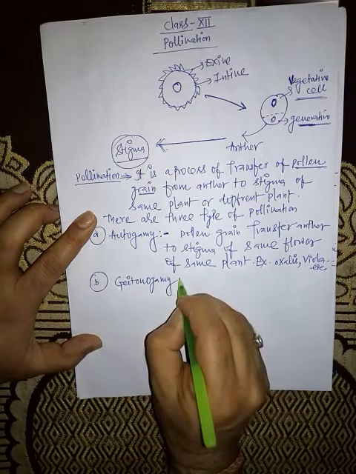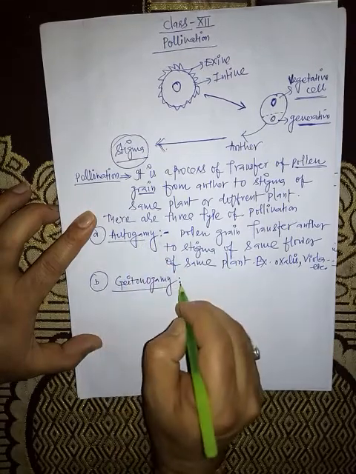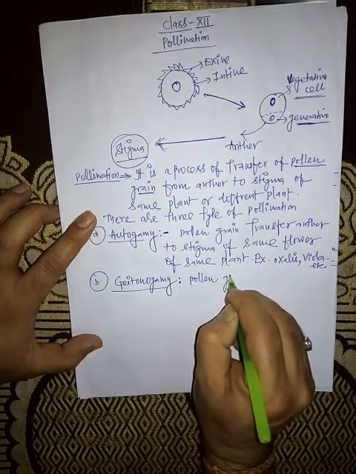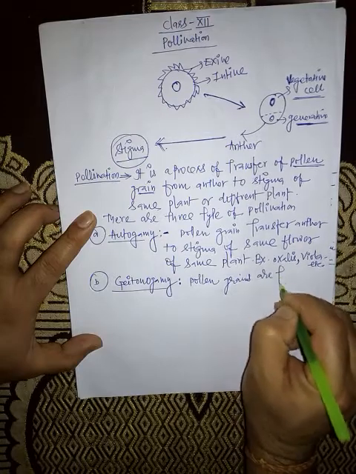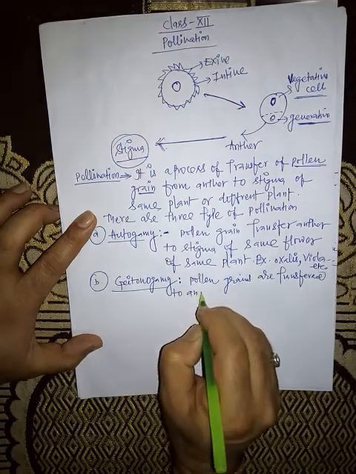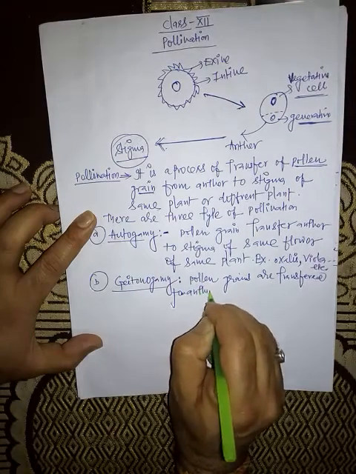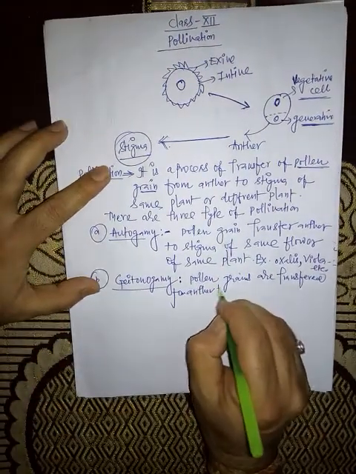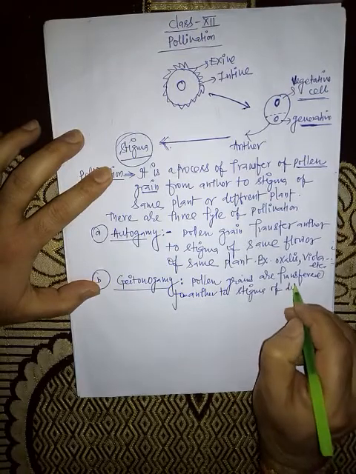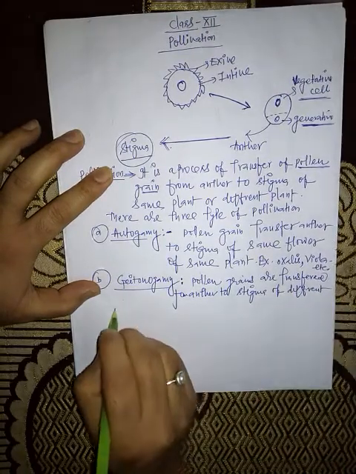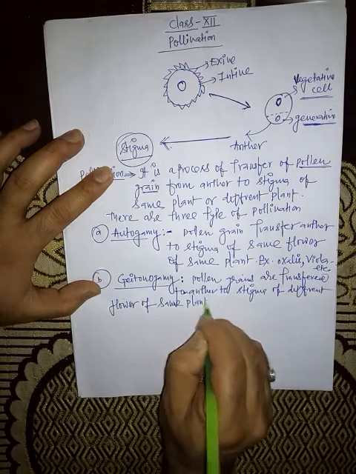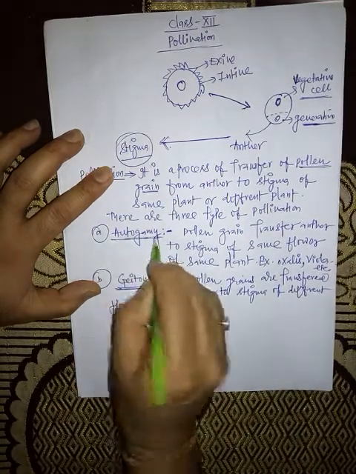Geitonogamy. In this type of pollination, the pollen grains are transferred from the anther to the stigma of a different flower of the same plant.